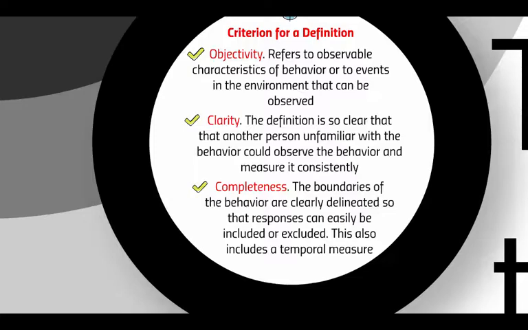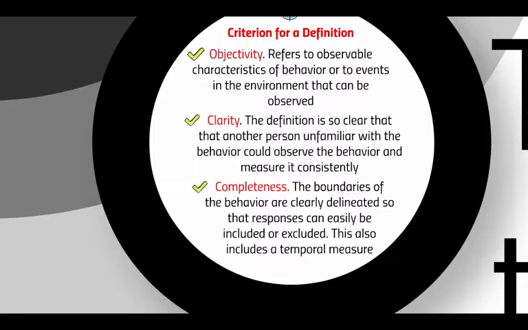So with respect to the definition of a behavior, my requirement, if I was trying to get another person to assist me in terms of measuring the behavior, is that I would have to provide a good operational definition of barking, and I would have to do that in such a way so that the definition is clear, so that another person unfamiliar with Sky would be able to observe and record the same behavior that I'm recording.